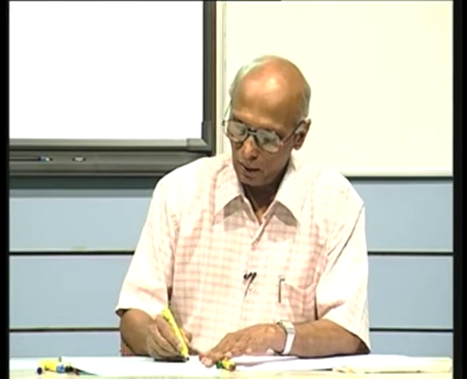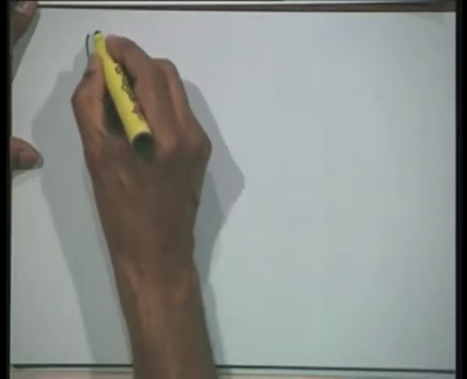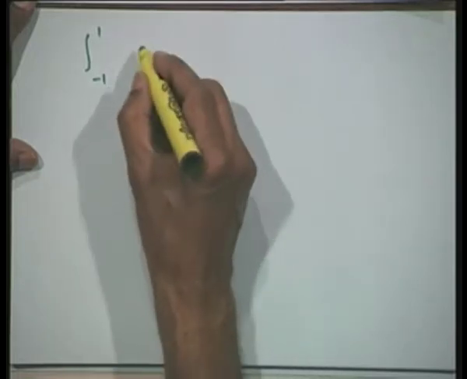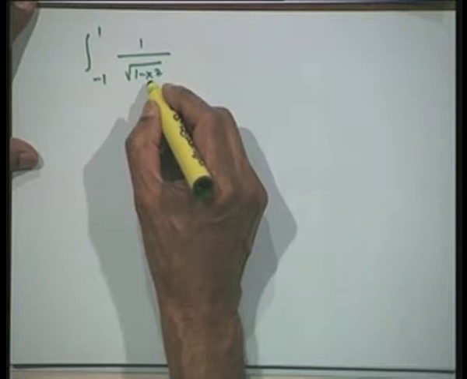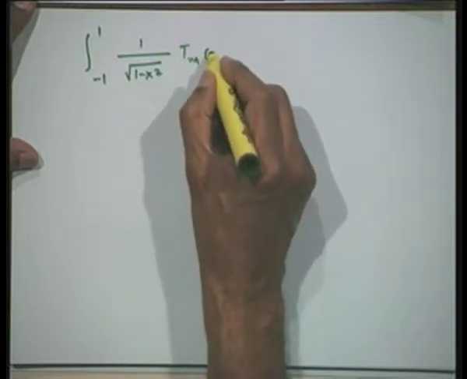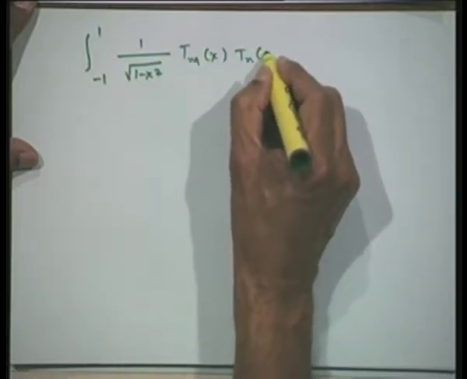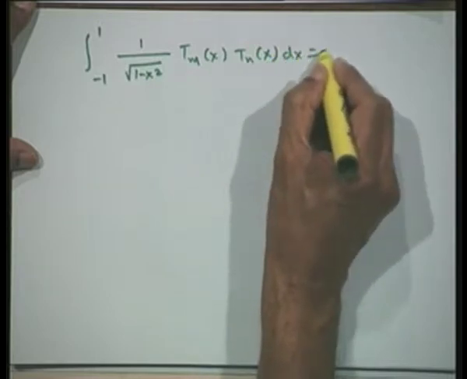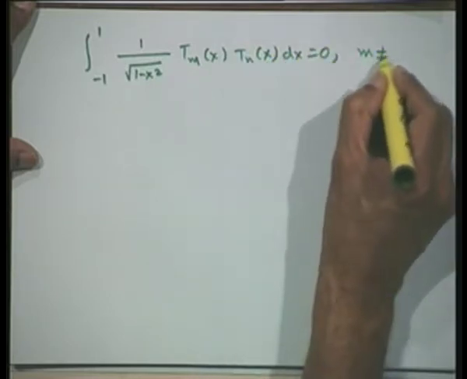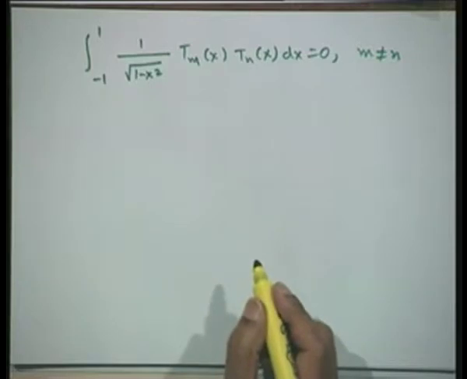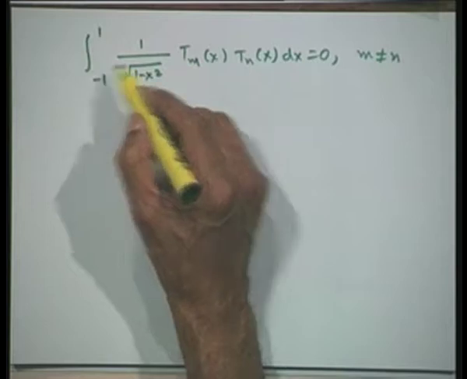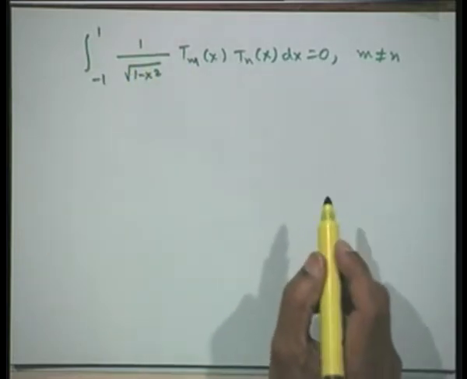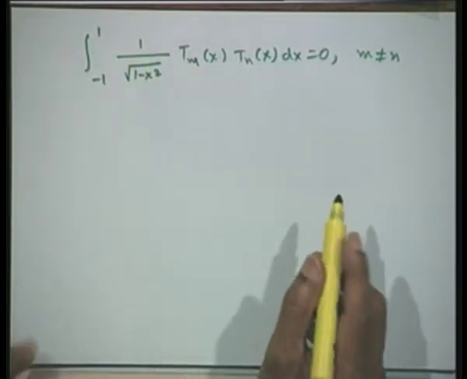The orthogonal property of Chebyshev polynomials is that they are orthogonal with respect to the weight function 1 upon under root 1 minus x squared, that is your w(x): the integral of w(x) T m(x) T n(x) dx is equal to 0 for m not equal to n. That is the definition of an orthogonal polynomial, orthogonal with respect to the weight function w(x) over the interval -1 to 1. So, this is the orthogonal property of the Chebyshev polynomials.